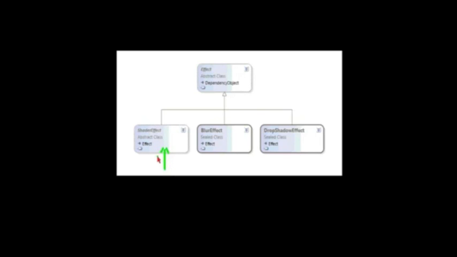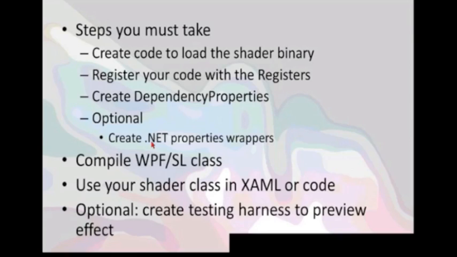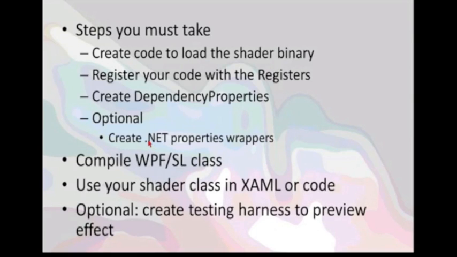And then the next step is you have to write some code that loads the shader binary. I showed you that a few minutes ago when I did that custom shader. I had to change the URI that tells it where to find the embedded resource file. Right? Then I need to register my code with the registers on the GPU. I need to create some dependency properties.